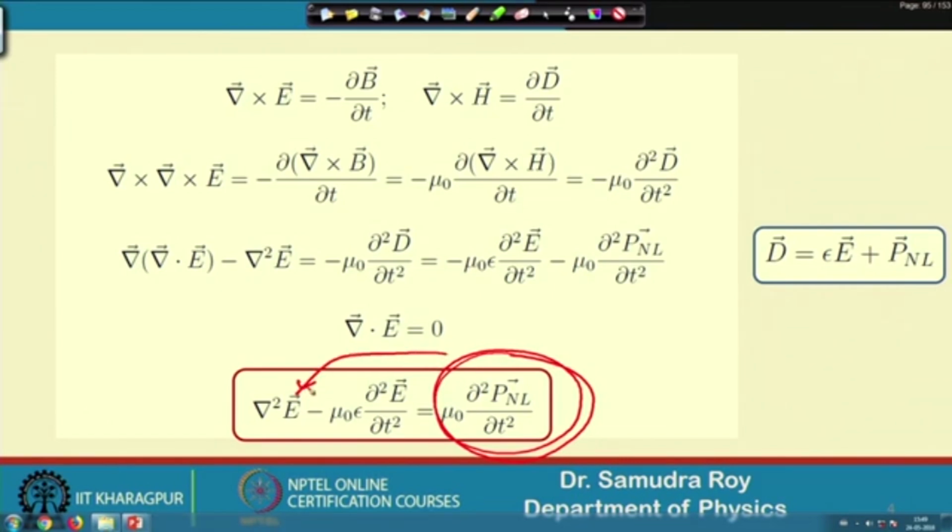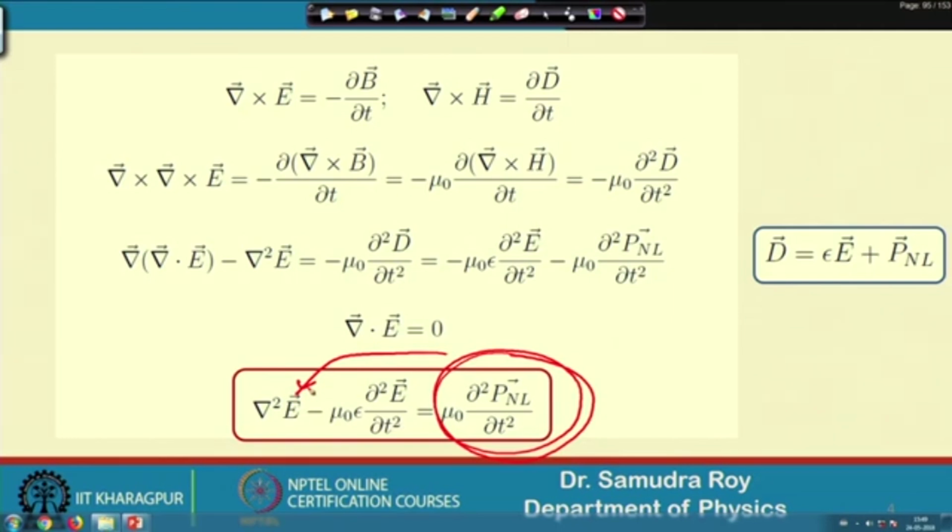That means, whatever electric field will be there inside the medium, in this differential equation we have a source term, and this source term comes from the fact that my P nonlinear is there. So, P nonlinear is basically feeding some kind of energy to generate electric field.